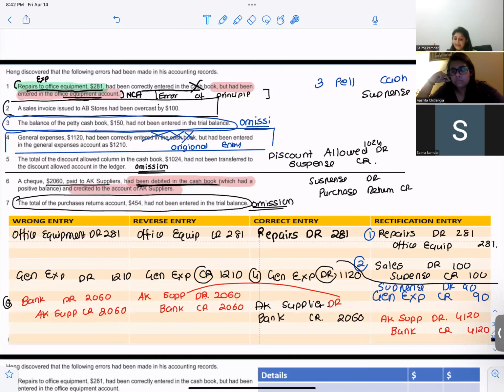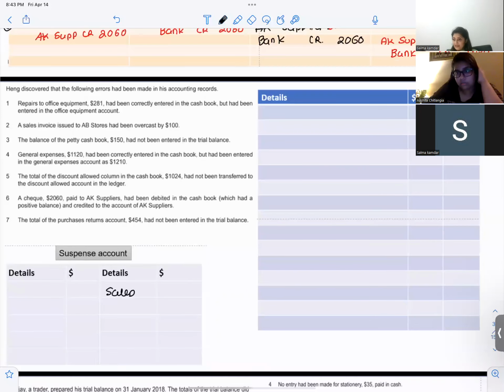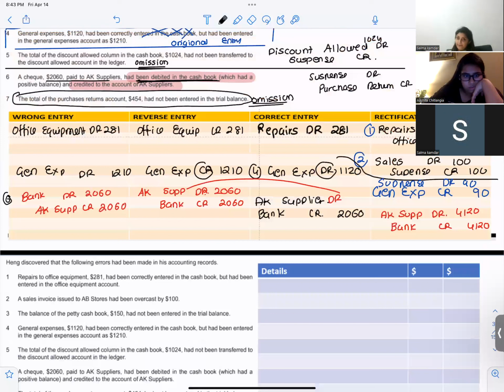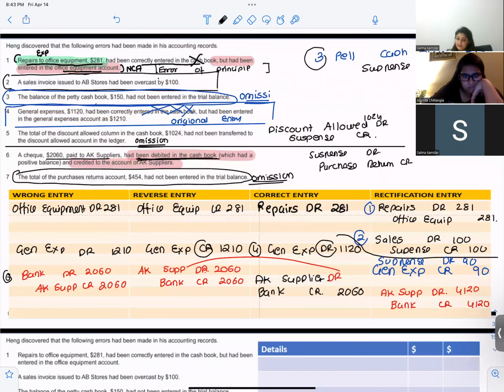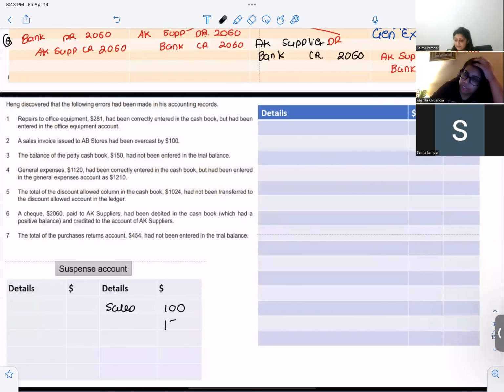On the credit side of the suspense, you will write sales, 100. Your third entry, suspense is credit by 150. So on the credit side of the suspense, you will write petty cash book.